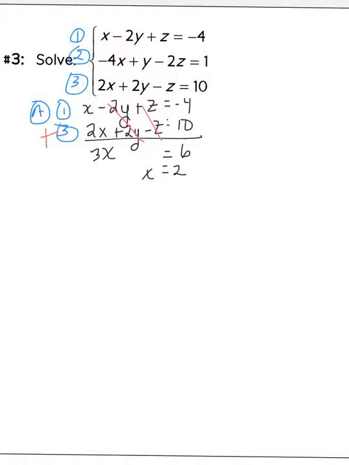This is a different process for this particular one, only because we got x right away. So if I plug x into, let's do 1 and 2, let's see what that does for us.